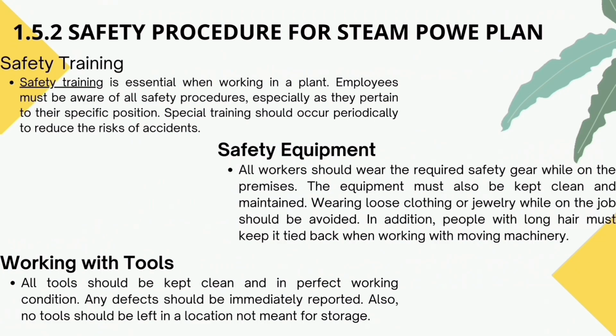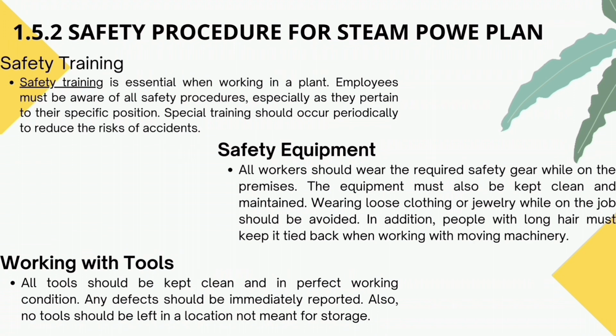Safety procedure for steam power plant. For safety, training is essential when working in a plant. Employees must be aware of all safety procedures, especially as they pertain to their specific position. Special training should occur periodically to reduce the risk of accident.